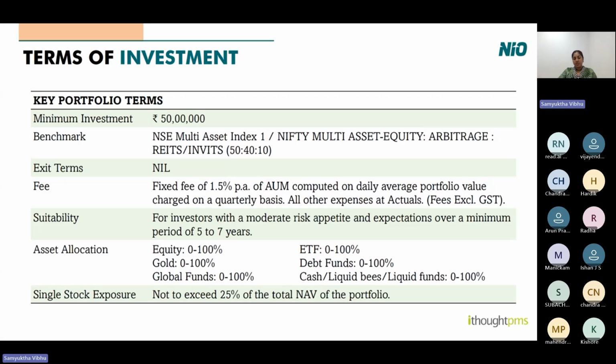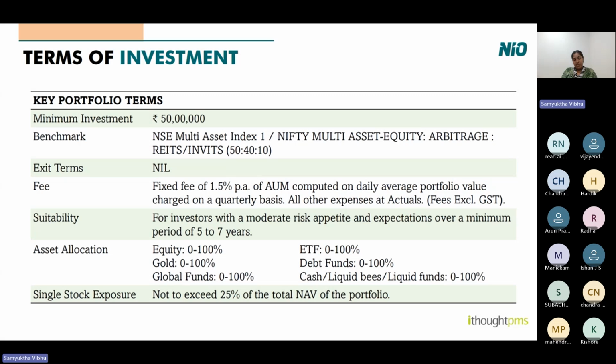We have a truly flexible mandate, like I mentioned, meaning we can go 0 to 100% in any asset class or instrument that we choose. We operate on a fixed fee model. There is no exit load, and this essentially means that any profits that the investor makes over and above the return expectation is theirs to keep.